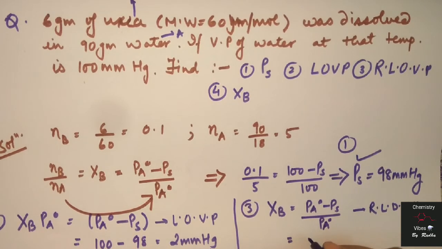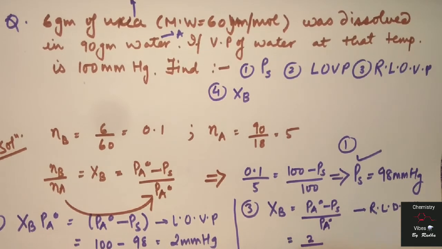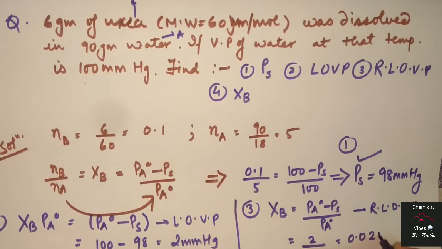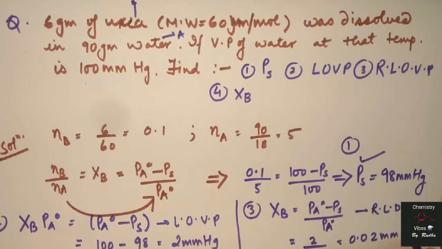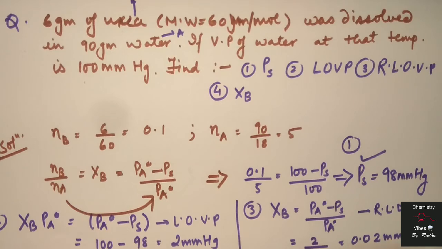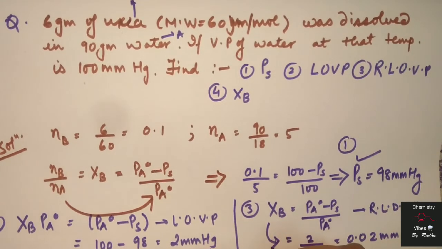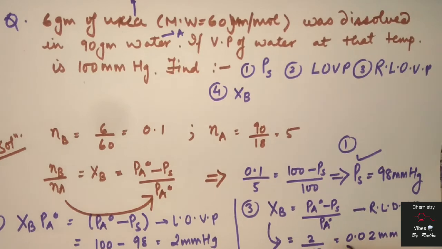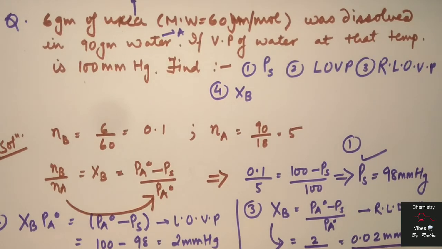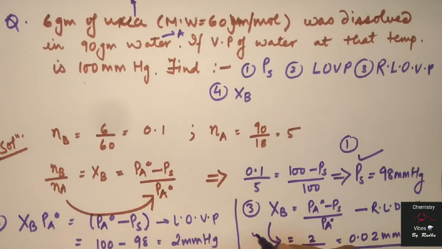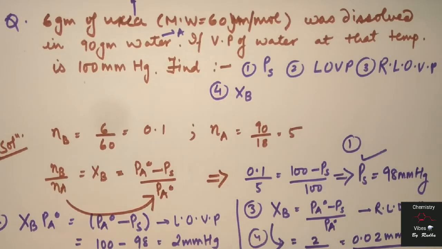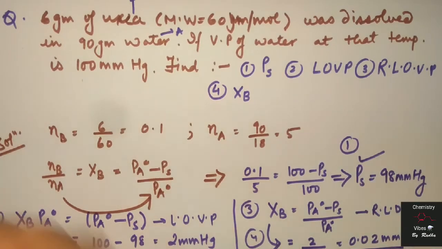Pa naught minus Ps, just now we have calculated 2 upon 100, that is 0.02. Yes or no? And this relative lowering of vapor pressure is nothing but equal to Xb. So Xb and relative lowering of vapor pressure both are same, that is 0.02. So we have calculated both 3 and 4 also.